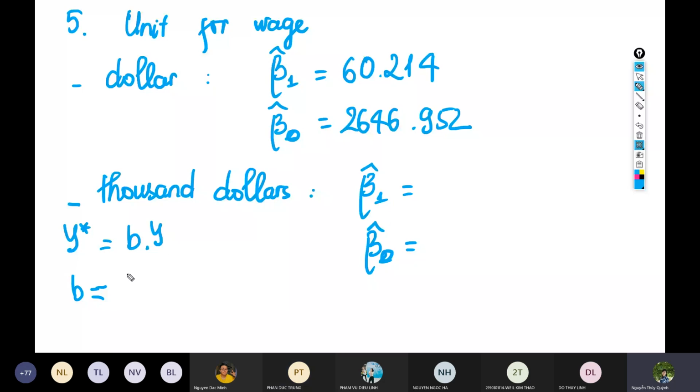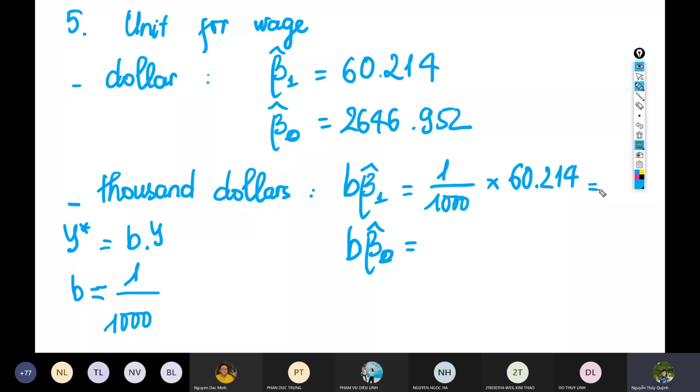And the new intercept and the new slope will be b times the old ones, right? That is 1/1,000 times 60.214, which is equal to 0.06.